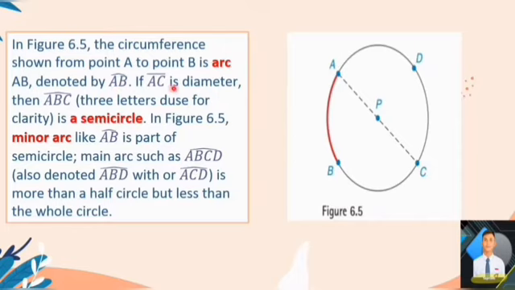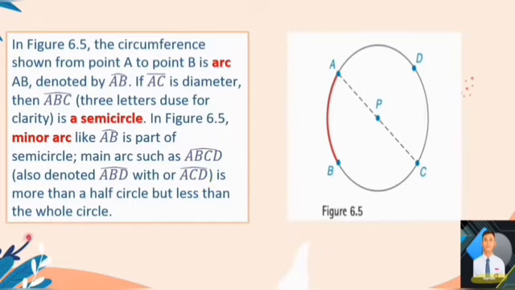If AC is a diameter, then ABC, three letters chosen for clarity, is a semicircle. In figure 6.5, minor arcs like AB are parts of a semicircle. Major arcs such as ABD, also denoted ACD, are more than a half circle but less than the whole circle.